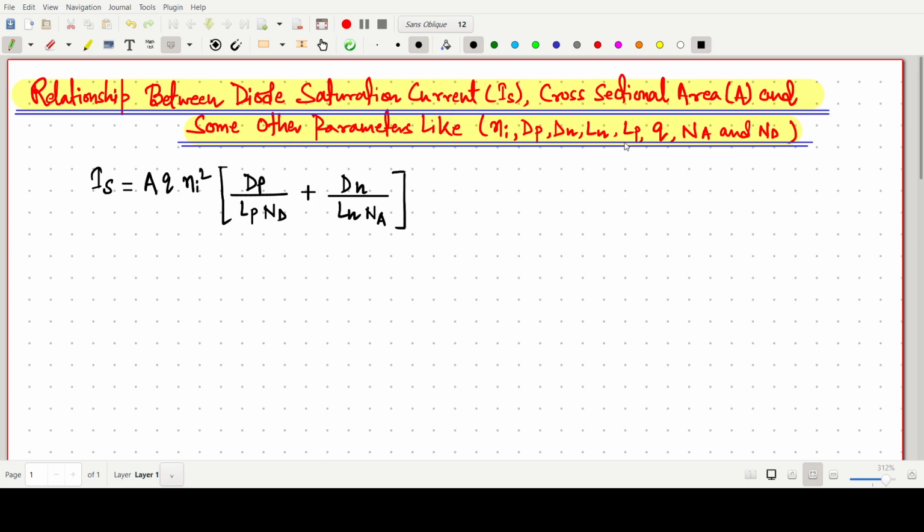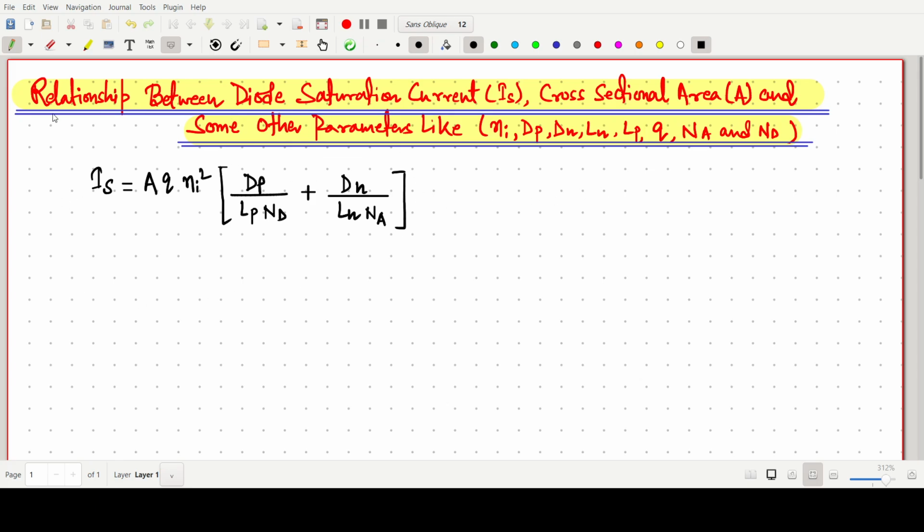Similarly, Ln and Lp are two important terms: the diffusion length of electrons in the p region and the diffusion length of holes in the n region. Q is the electronic charge, and Na and Nd are the doping concentrations of the p side and n side respectively.